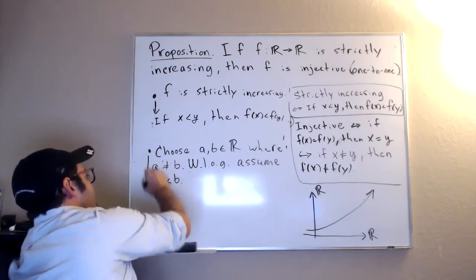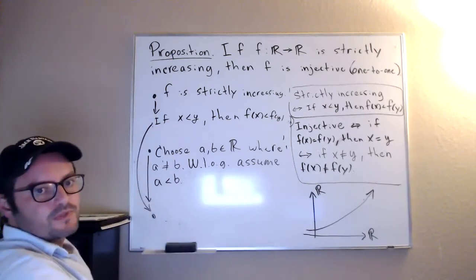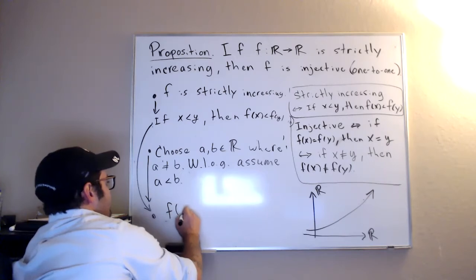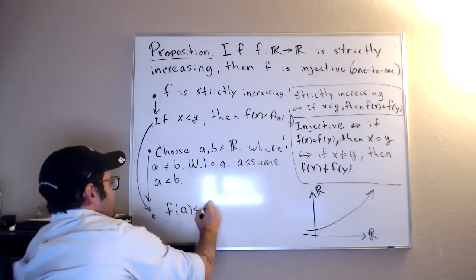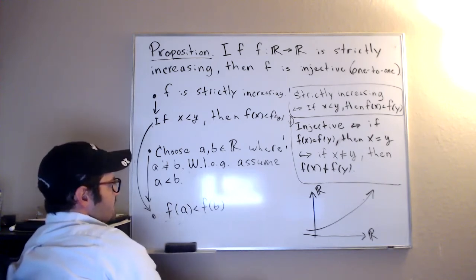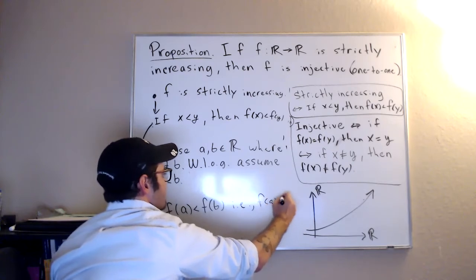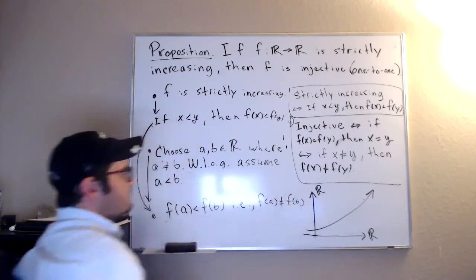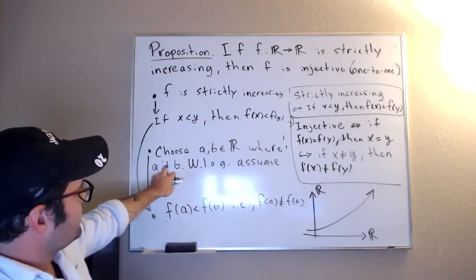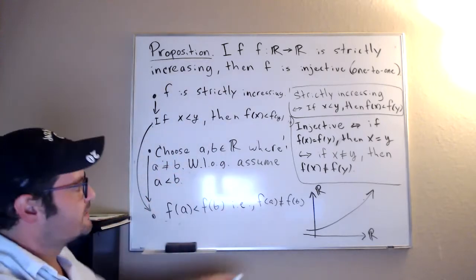Okay, so then now these two things imply that f of A is strictly less than f of B, which implies f of A is not equal to f of B. So if we take two things in the domain, we see that in the range they don't equal, so then we have that it's injective.